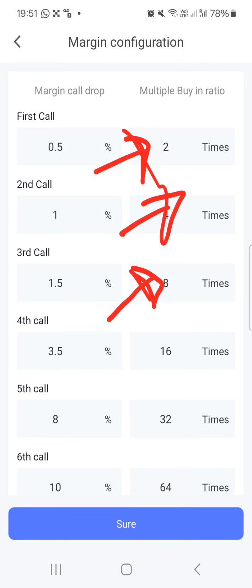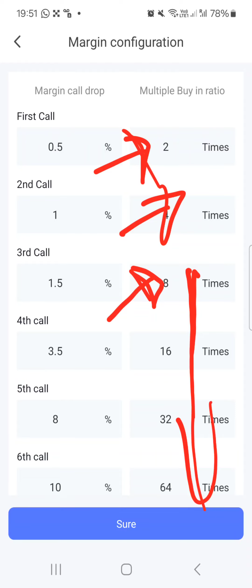The $45 you need to divide to make sure it fits into these calls. Going down, maybe let it use another 4 times on the third call. So that's another $20, and you're left with $25.